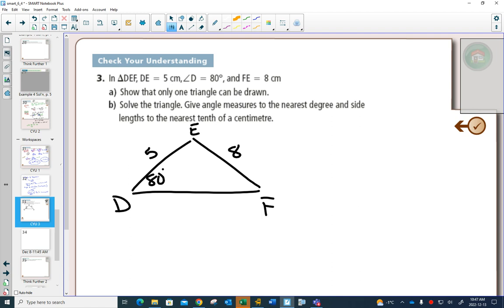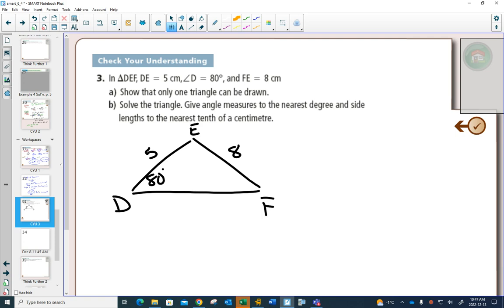So look at this situation. Is this the situation where there's only going to be one answer? Or is this the situation where there might be two answers or no answers? Could you draw this 8 this way?